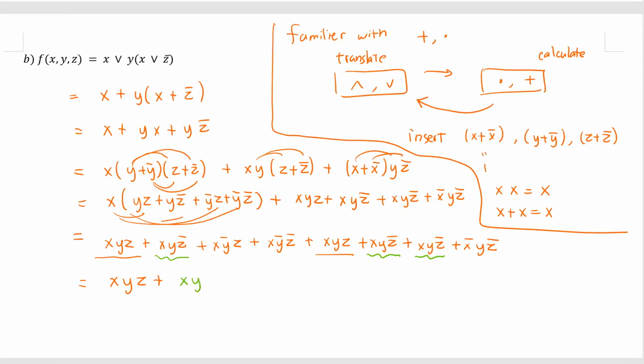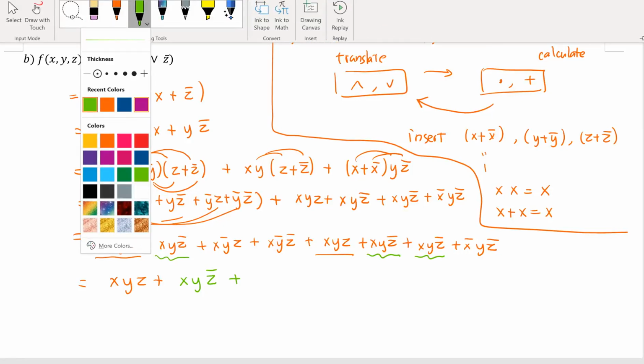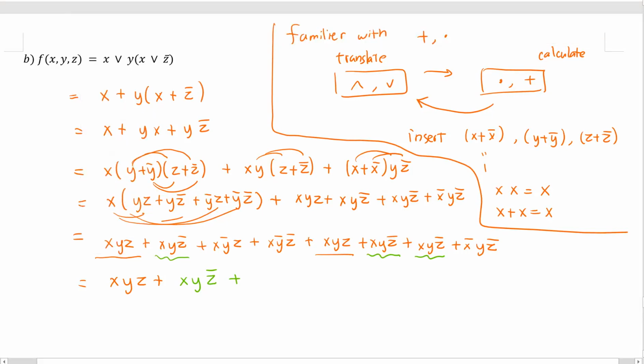So it will also give us just 1 term, xyz bar. Then the remaining 3 terms are different, so let's just write them down. So far so good. So now we have 5 minterms.